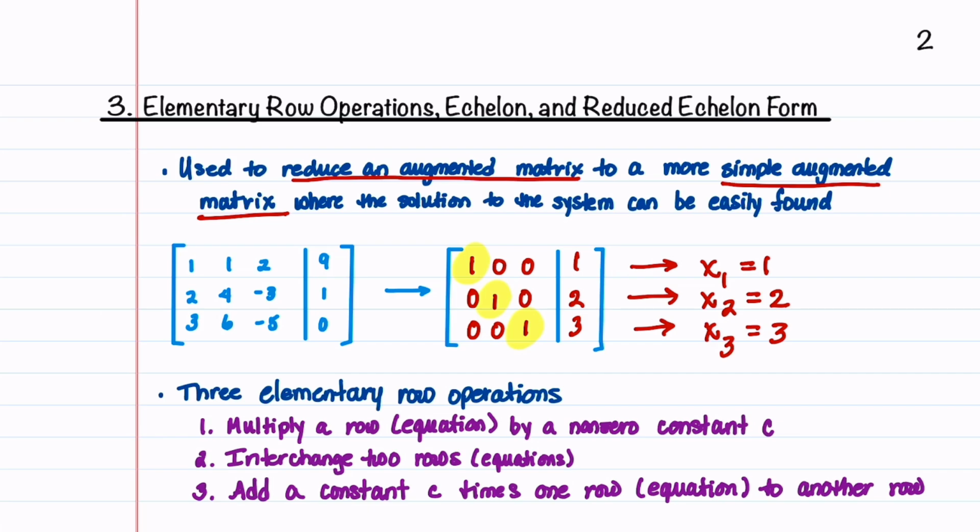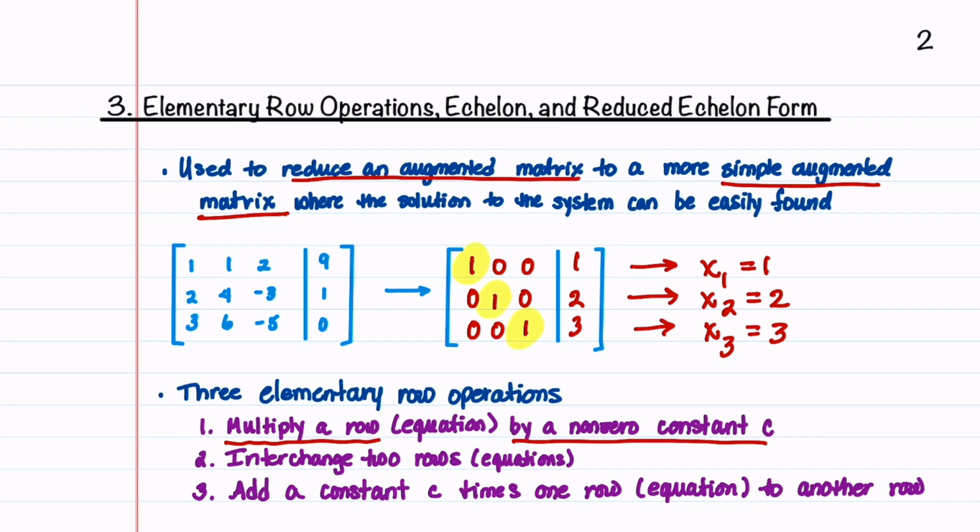There are 3 elementary row operations that can be used to reduce an augmented or a coefficient matrix to echelon or reduced echelon form. Let's go over these 3 row operations. The first operation that you can do is to multiply a row or an equation by a non-zero constant c.